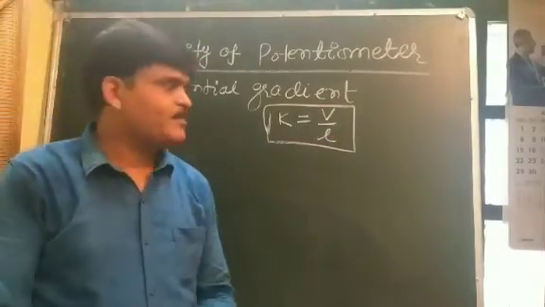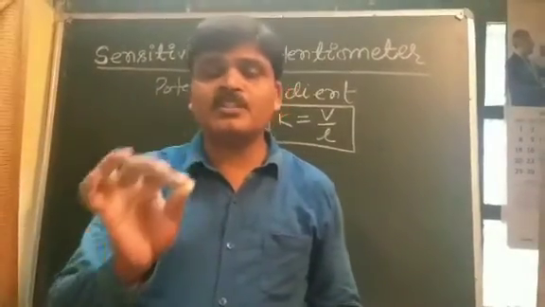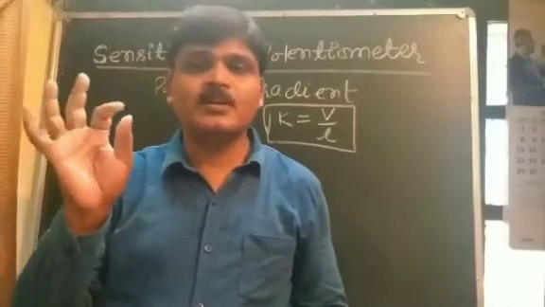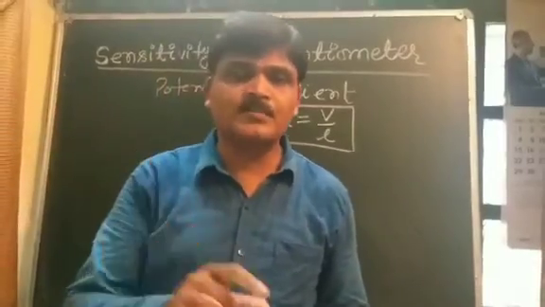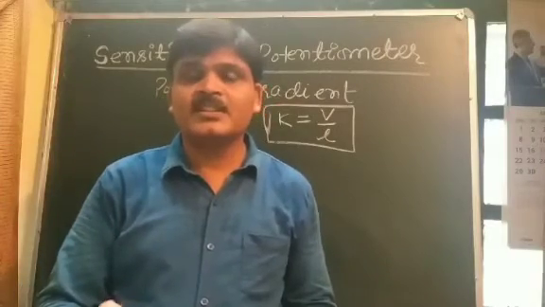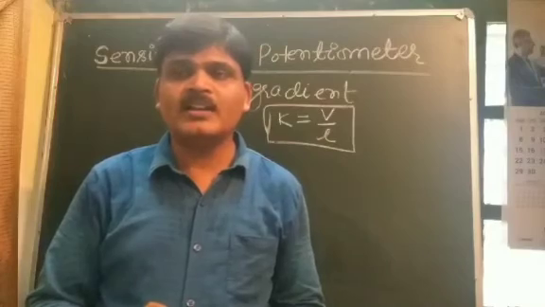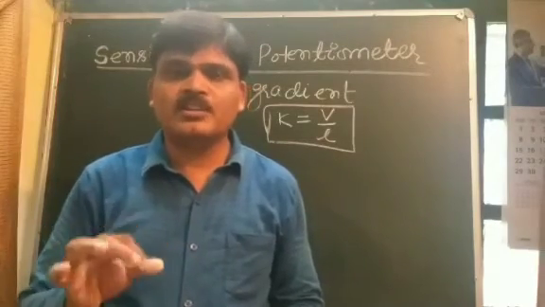And in the second case, for a potentiometer wire of fixed length, the potential gradient can be decreased by reducing the current in the wire with the help of a rheostat.